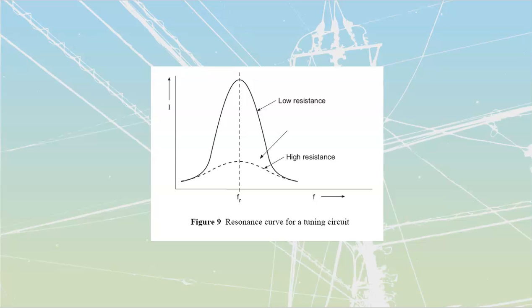What happened was you continuously varied the frequency, varied the circuit that we had. Usually it was actually varying the capacitance so that you could achieve a high peak. They're showing us a high peak inside of here, for a circuit that has a low resistance and for a circuit that has a high value of resistance.